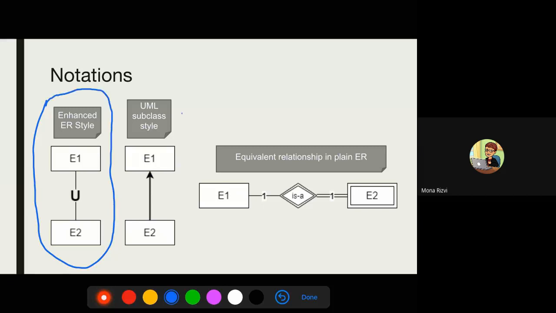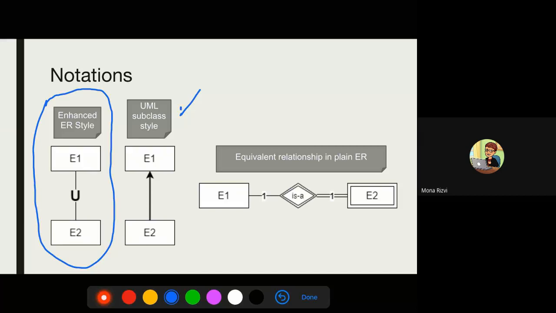Another notation is the same notation that you use with class diagrams in UML, and the arrow always points from the subclass to the superclass. So in this case, E2 is a subclass of E1.